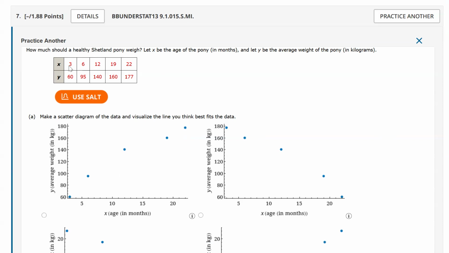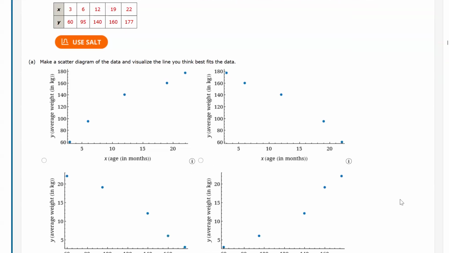If you look at the X values, as the X values increase, the Y values increase. So this has a positive linear correlation. So this is going up. Maybe it's the first one. This is going down from left to right, so it's not this one. This is going down, no, this is going up.